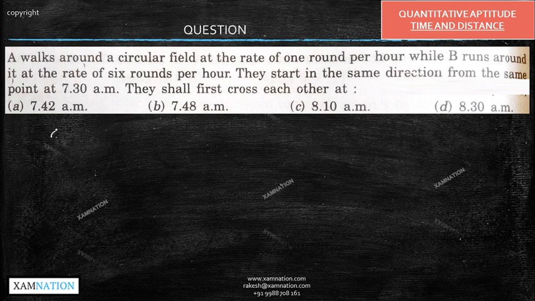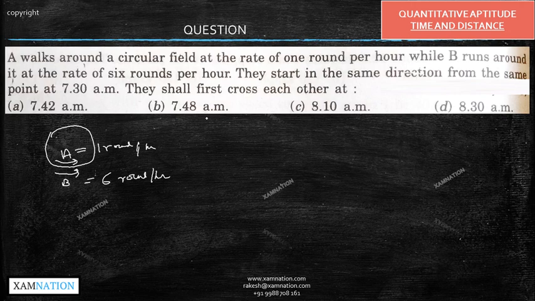So we know that there is a circular track, and A is running in the same direction and B is also running in the same direction. But A is taking 1 round per hour, and B is faster, like A is walking and B is running, so it is taking 6 rounds per hour.